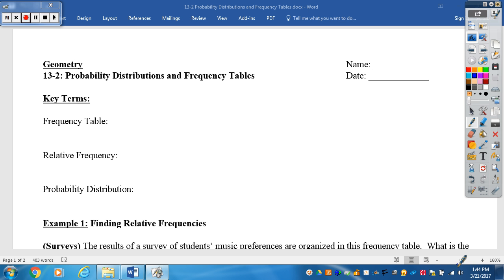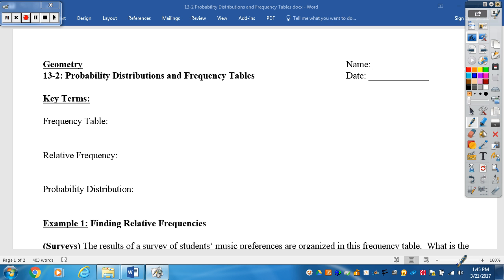We're going to be looking at that type of relative frequency in example number 1, on letter E, so you can put example 1, letter E as a reference. Probability distribution is the probability of each possible outcome. You're going to see that primarily in example 3, letter A, so you can put a reference there.